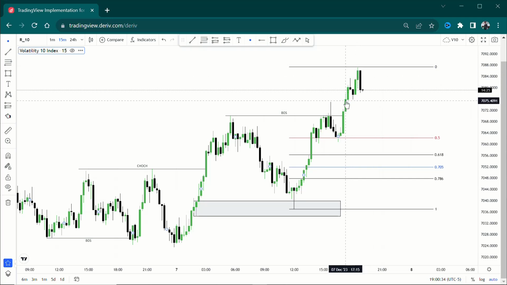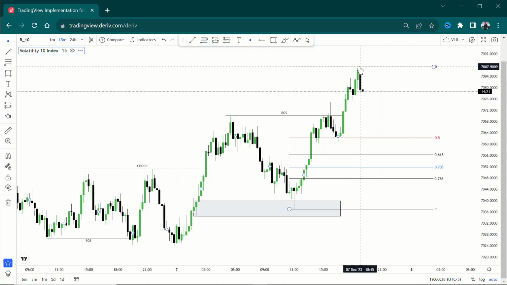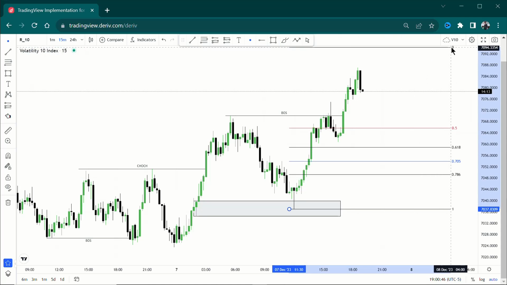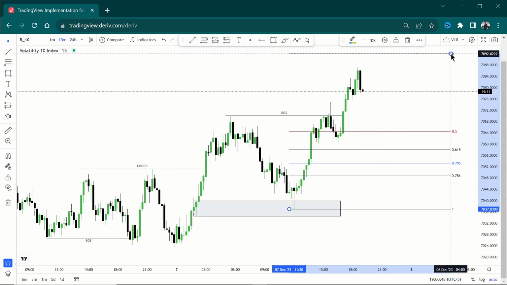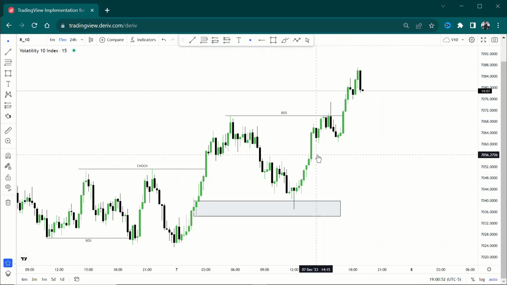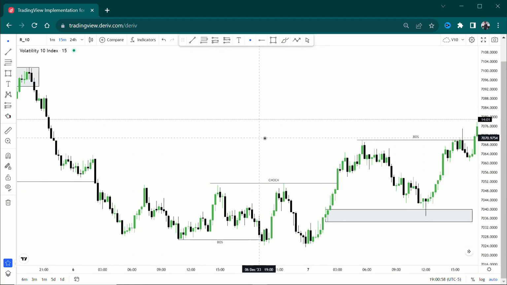It is only going to be confirmed as a high if this inducement is taken out, then I can draw it to there. Otherwise the market might still go up there, and then we might move this to there. So no wonder I haven't drawn any order block here yet.